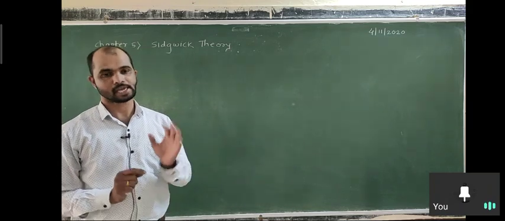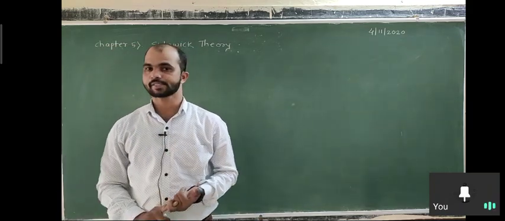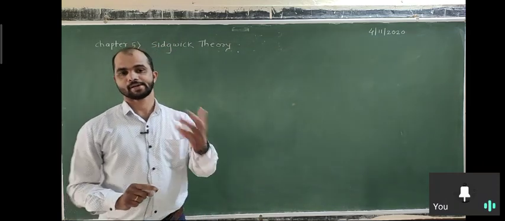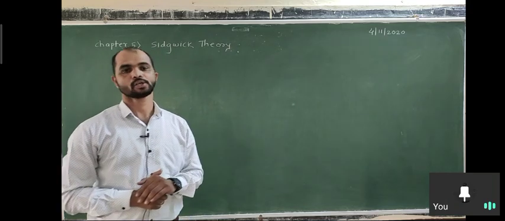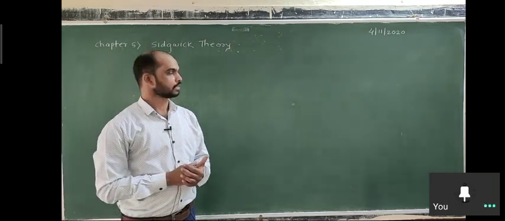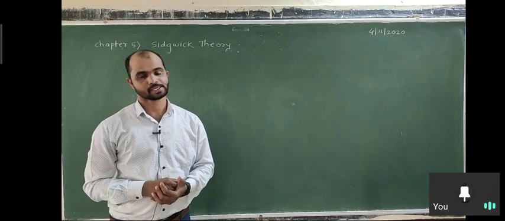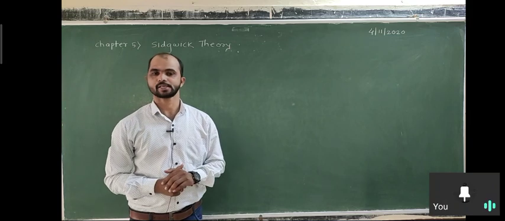Primary valency is ionizable, secondary valency is non-ionizable. Primary valency is related to the oxidation number, secondary valency is related to the coordination number. Primary valency is mostly non-directional, but secondary valency is directional according to Werner's theory.